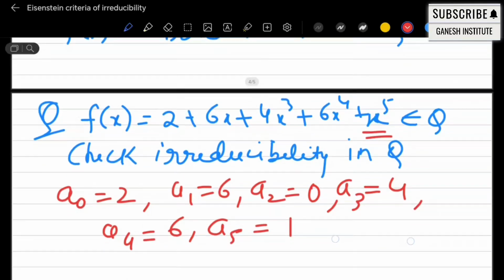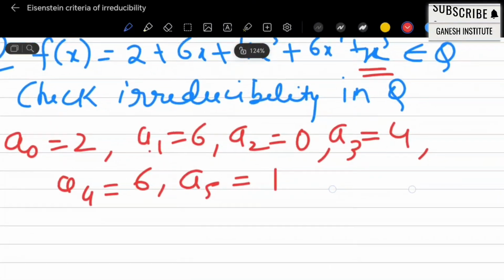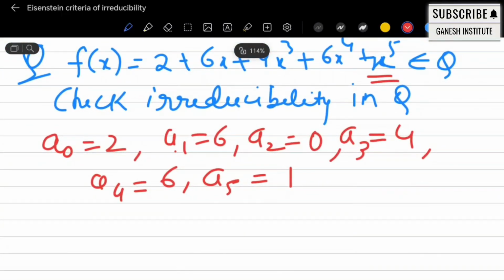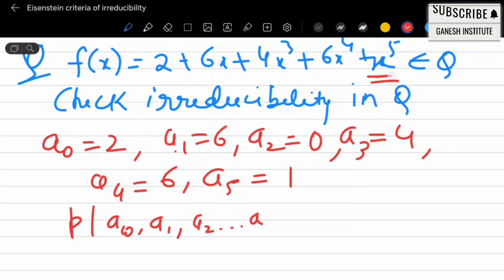Okay, now I have marked everything. Now what am I supposed to write? I need to choose one prime number, right? That should satisfy that p divides every single coefficient except the highest power one, so up to x raised to power 4, that is up to a4.